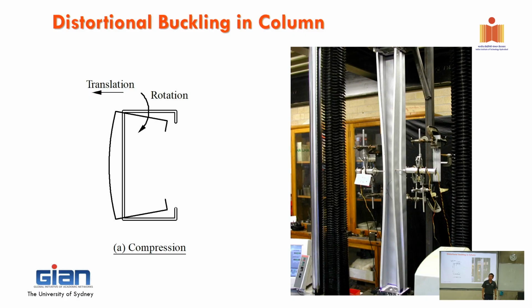Is it due to the inability of the lip to keep the junction of the flange and lip the same? The lip plays a very important role in the distortional buckling. Underneath the channel we don't have this distortional buckling. If you have an unlipped section, you don't have distortional buckling.